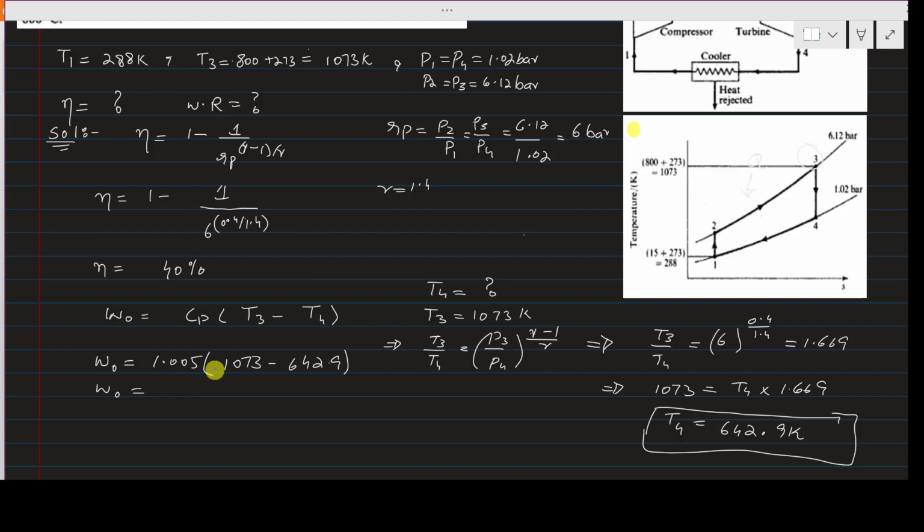I'm writing directly the final values of each step: 432.2 kilojoule per kg, the work output you obtain by the isentropic expansion in the turbine.